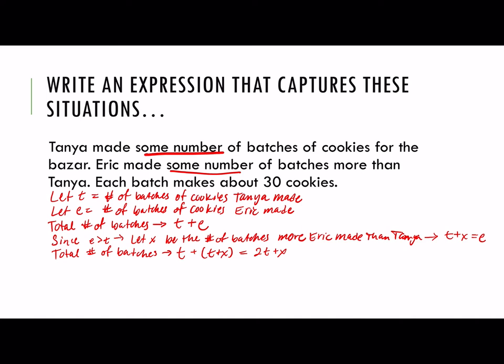What else can we say? The last part is each batch makes about 30 cookies. Well, since we know how many cookies are in each batch, we can actually find the total number of cookies.